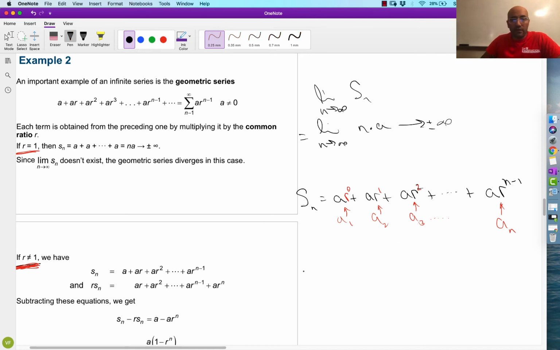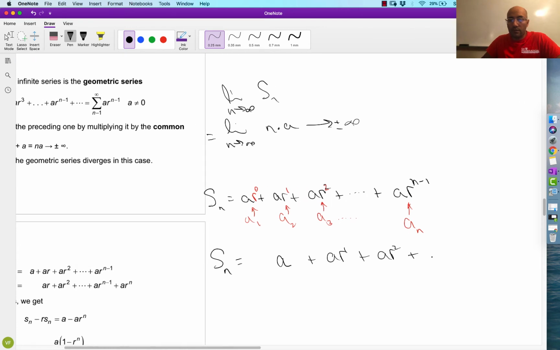The trick here is going to be to take the original s sub n. Here it is: we have a, plus ar to the first power, plus ar to the second power, plus and so on, plus ar to the n minus 1.